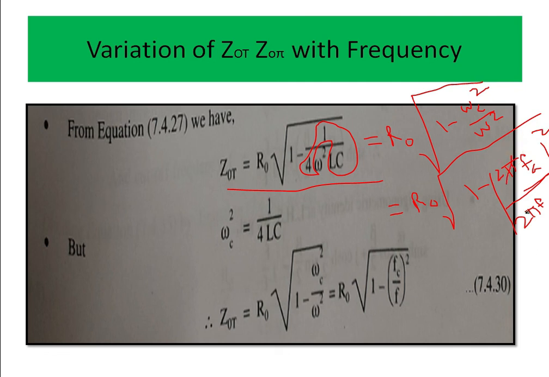The 2 pi and 2 pi get cancelled out and only fc upon f remains as it is. That's why the equation is R0 root of 1 minus fc upon f bracket raised to square.